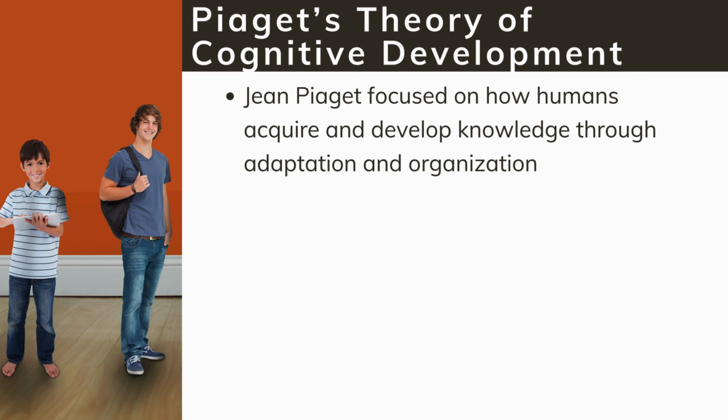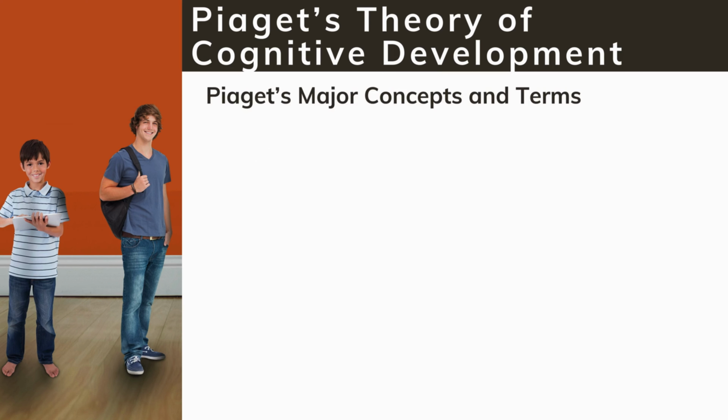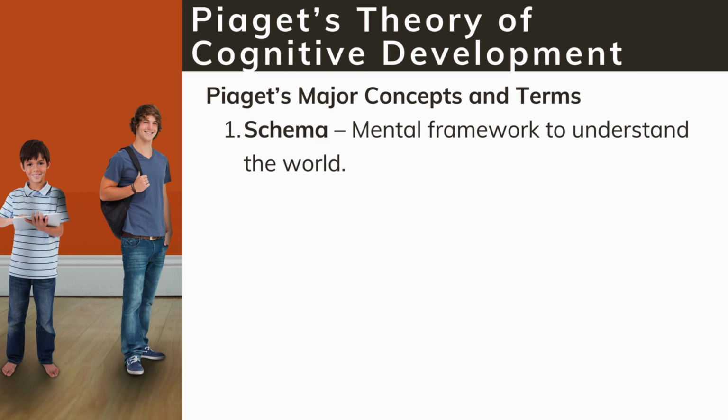Piaget identified 4 stages of cognitive development, emphasizing processes such as assimilation, accommodation, and equilibration. There are key concepts Piaget introduced to explain how we learn. We have the schemas. These are mental frameworks that help us interpret the world.